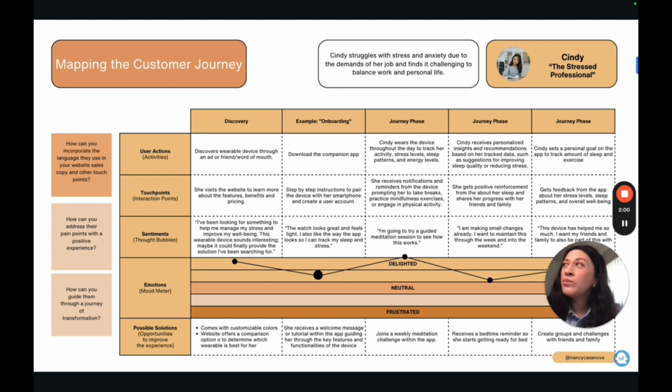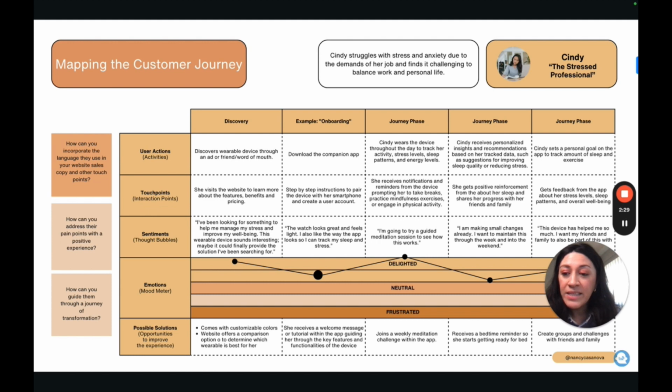As we went through that exercise, we identified some of the things she's struggling with and the ways she describes her problem. So what we want to do here is take some of the language Cindy uses and incorporate it into our website content, the copy for sales pages, and other touch points such as social media posts, landing pages, and content you might be using.